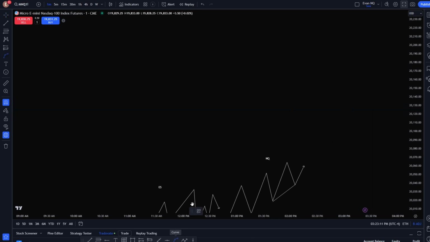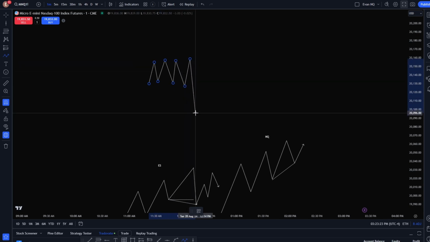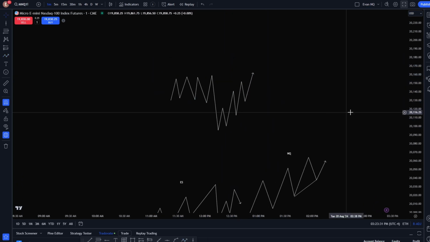And another one is AMD models, or accumulation, manipulation, distribution. So it's accumulation, manipulation, and then distribution. Right.